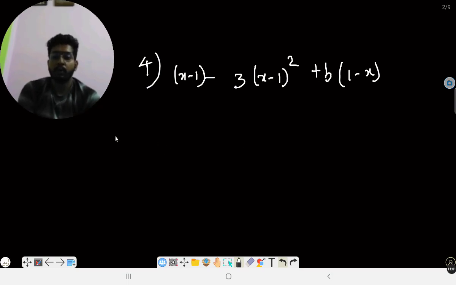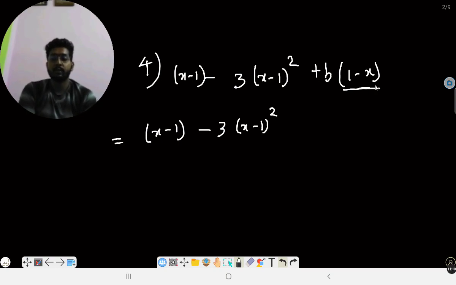Okay, now look at this. This is x minus 1, this is x minus 1 whole square. Now this is 1 minus x. This is x minus 1, this is also x minus 1, but this is 1 minus x. Now what to do is that I am taking minus from this. If I take minus from this, what will happen?